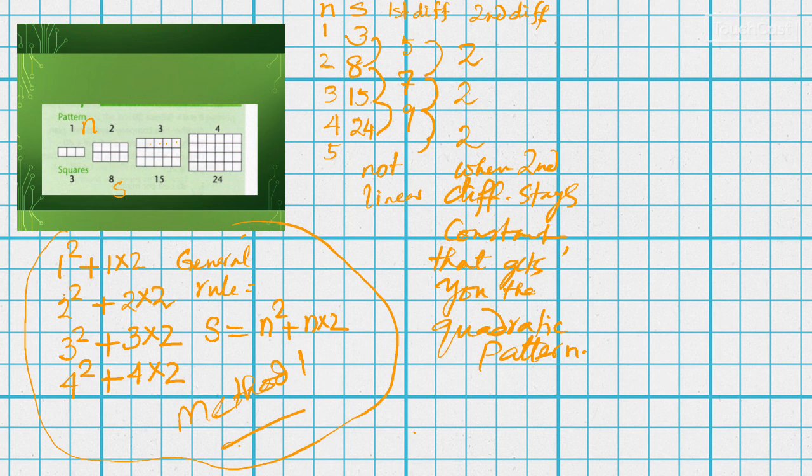Because sometimes when the pattern becomes really complex, it'll be very difficult to look at the pattern and make a gut sort of feeling deduction. It's not possible sometimes. That's the time this discrete difference method will always work.